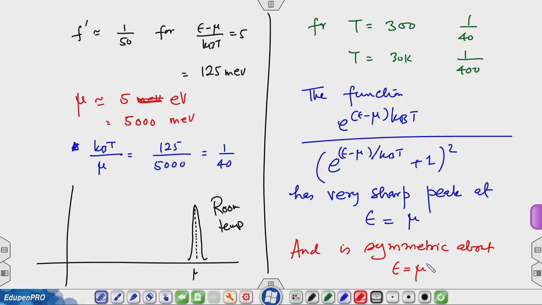So this peak is symmetric. This you can check very easily. So these are the properties of its derivatives.